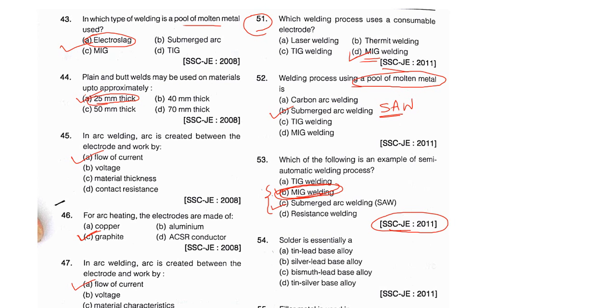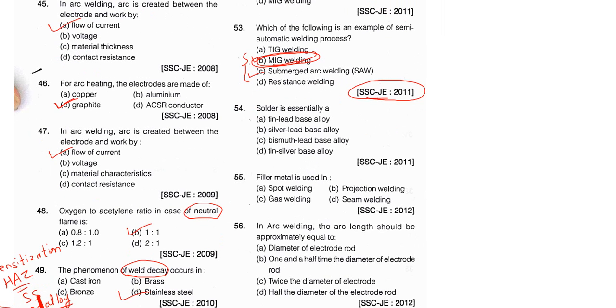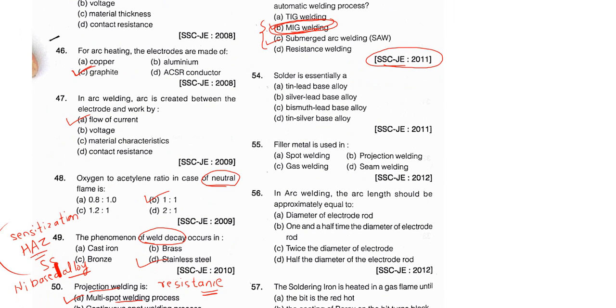Next, solder is essentially a lead tin based alloy, right? So we know solder is a tin lead base alloy. Next, filler metal is used in spot welding, projection welding, gas welding or seam welding. Filler metal is used in gas welding.